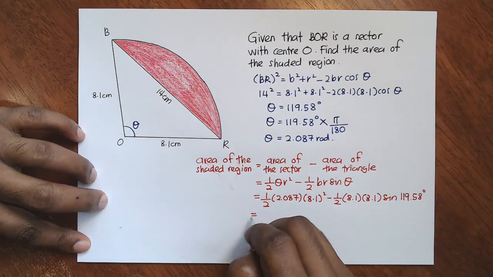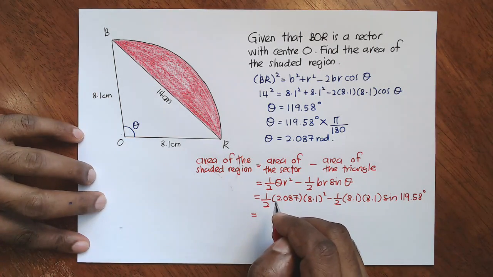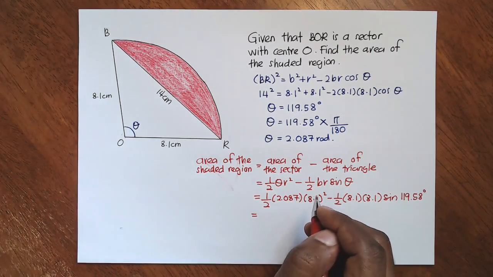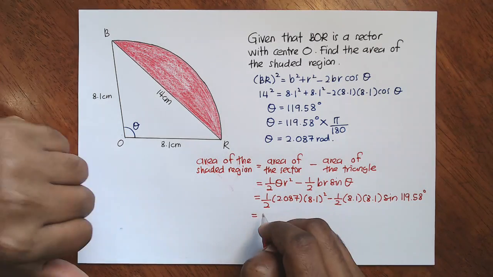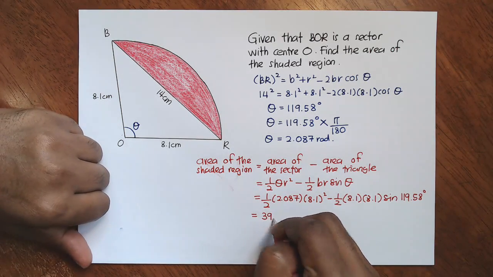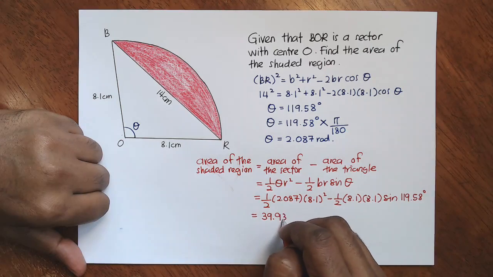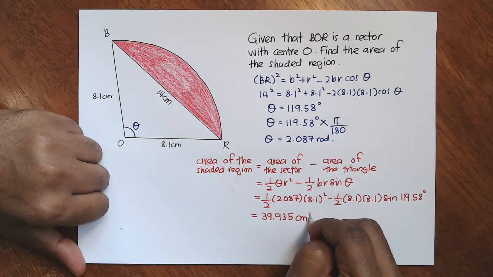You just type that out in the calculator. You should get 39.935 centimeters squared.